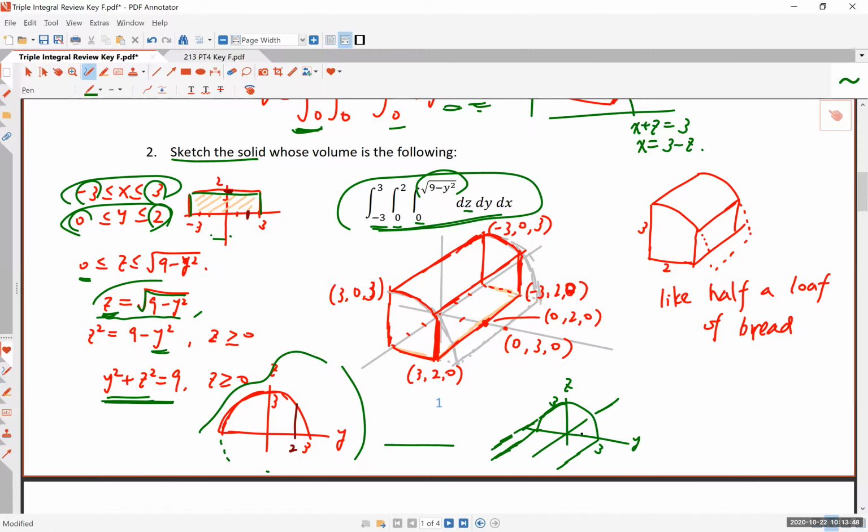So x goes from -3 to +3, right? And then y only goes from 0 to 2. Oh, that's interesting, right? Because here I assumed that this is the entire semicircle, but it's not. y only goes from 0 to 2. So it is only from here to someplace here. Okay, and this is the only rectangular region that I should be worried about.